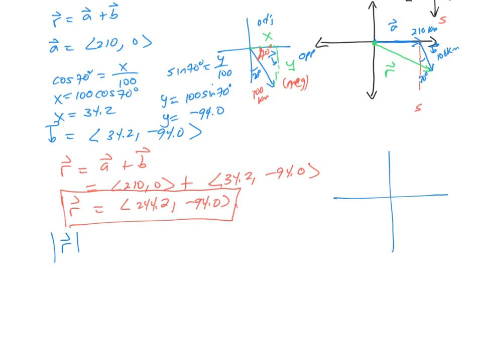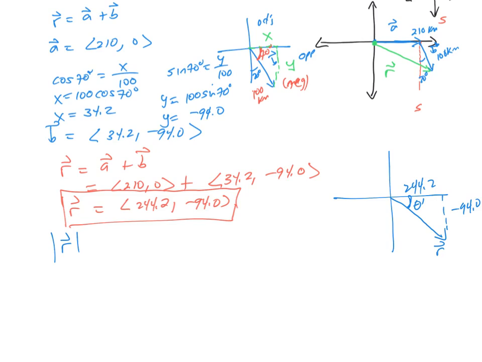So our R vector, I'll redraw it, is 244 to the right and negative 94 down. So something like this. So 244.2, negative 94.0. And we need to find this angle. I'll call it theta prime. And this is our vector R.